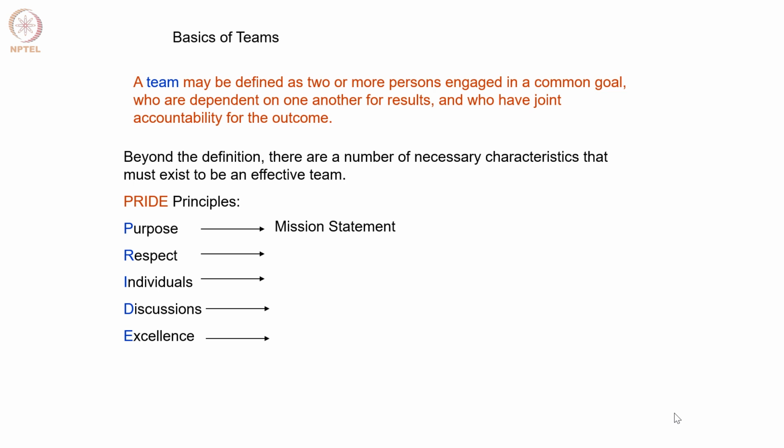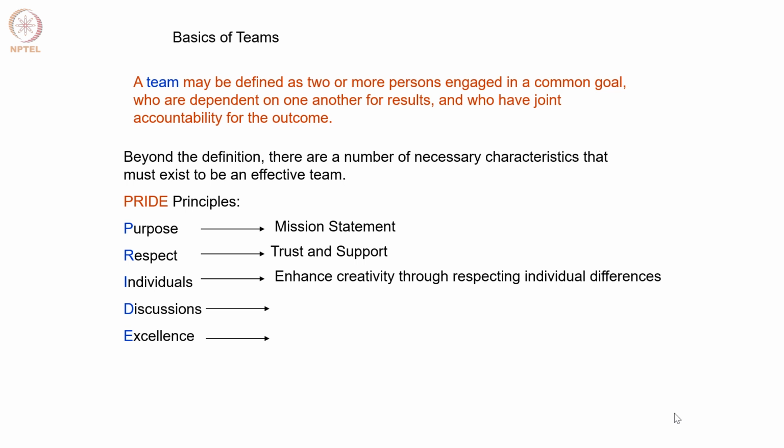Basically, there should be a clear mission statement or objective for the team, good trust and support between the members, enhanced creativity by respecting individual differences, proper communication and discussion, and of course striving for excellence. These are the major factors that will help the team to excel in their activities.